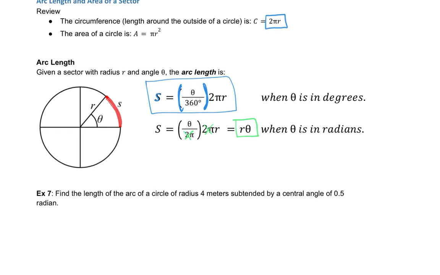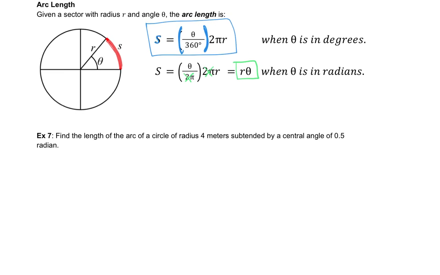All right, so let's look at an example. Find the length of an arc of a circle with radius 4 meters, subtended, that just means formed, by a central angle of 0.5 radians. A radian, let's see, half a radian might be somewhere around in there, 0.5 radians.